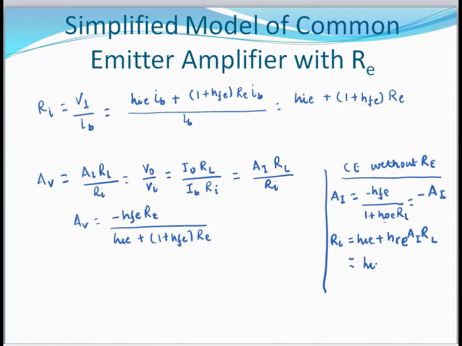So we will get RI is equal to HIE, and AI was RL by RI. We put the above two values, then AI is minus of HFE. This would be minus HFE.